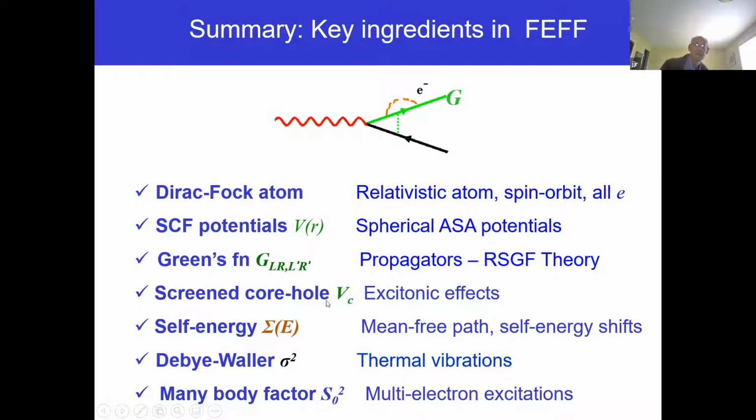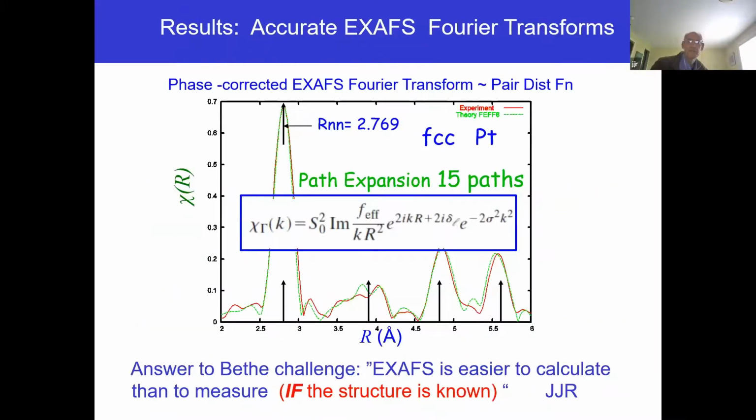There's a whole bunch of edges. You need to put in a self-energy. You need to take into account thermal vibrations too. And finally, these many electron effects. So with a few very good graduate students, you can put together a code that can actually calculate these spectra.